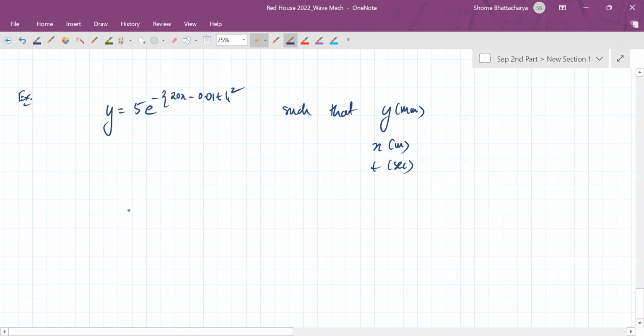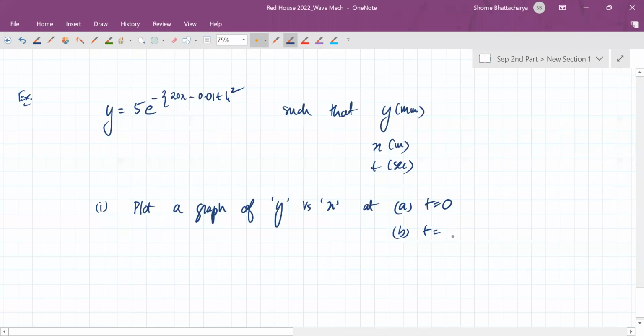So first of all, plot a graph of y versus x at the time t equal to 0, and again at the time t equal to 20 seconds.